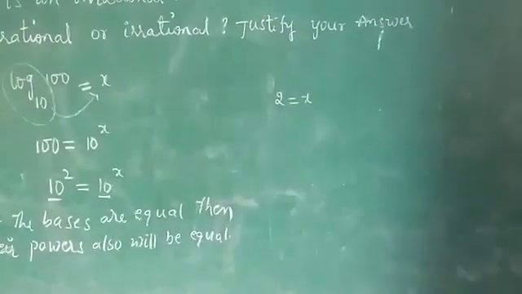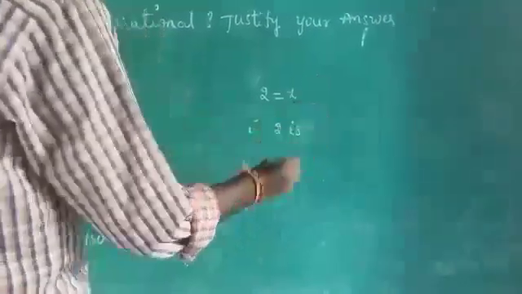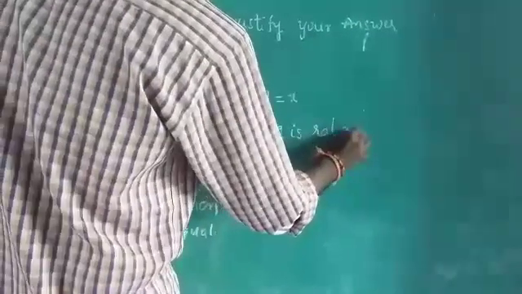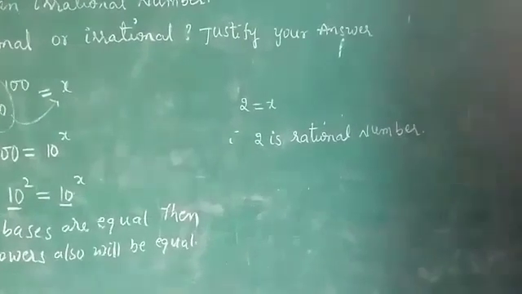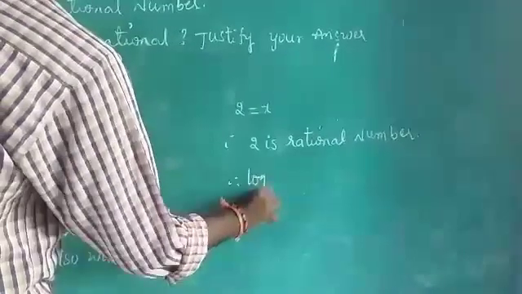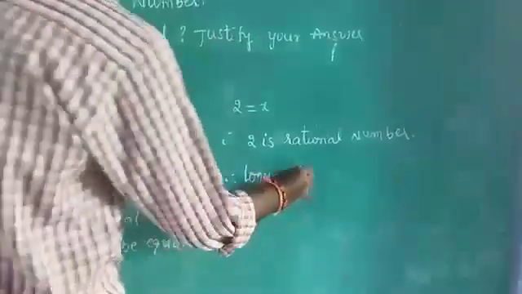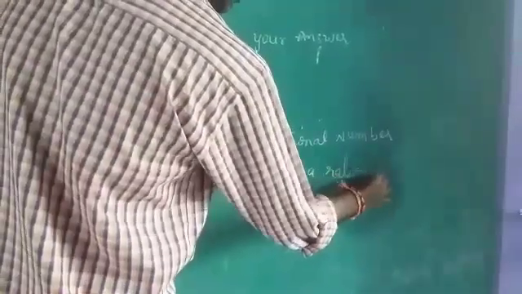Is it a rational number or irrational number? We know that 2 is a rational number. Therefore, you can tell that log 100 is also a rational number.